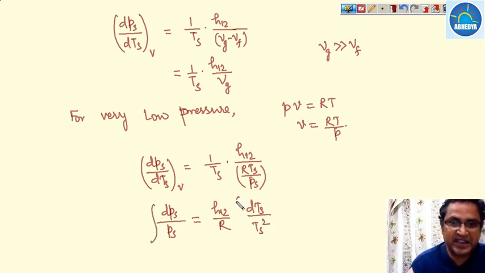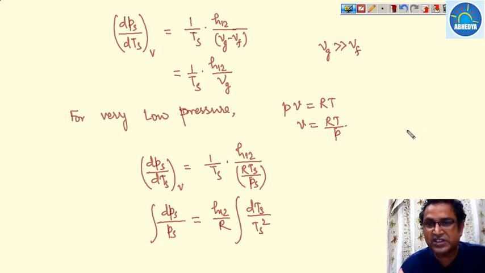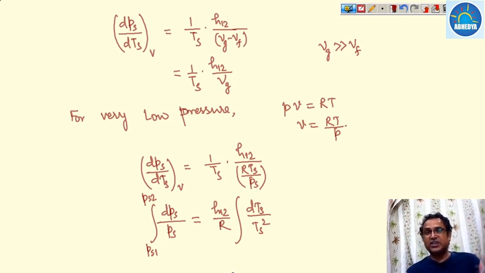If we integrate this between the two saturation temperature limits, and suppose the pressure limits are Ps1 and Ps2, and they are very close to each other, meaning state 1 and state 2. Here state 1 and state 2 are different from the earlier state 1 and state 2.